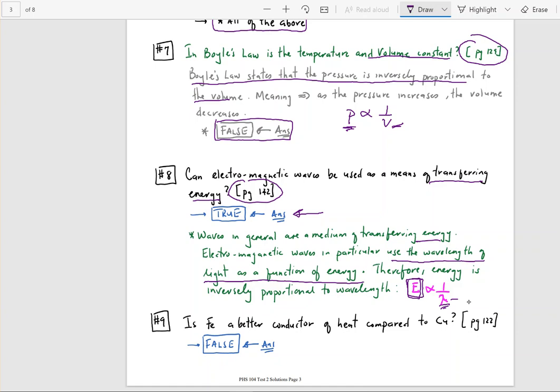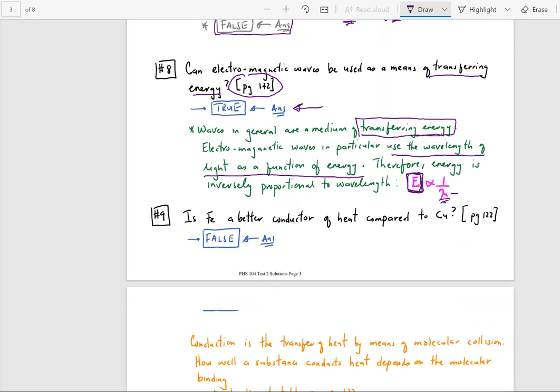Conversely, infrared has a longer wavelength of light and is going to have a much smaller energy. So again, these waves can be used as a medium of transferring energy.